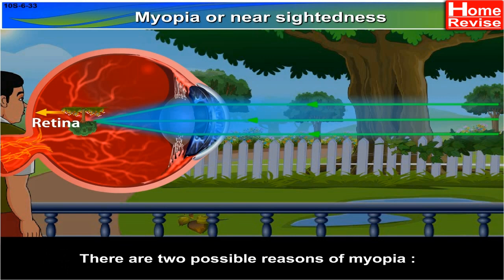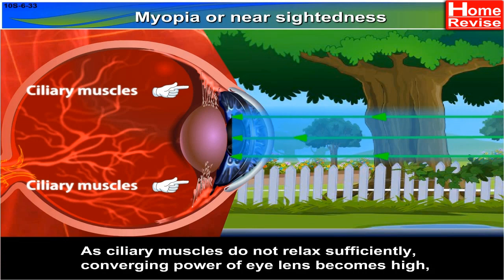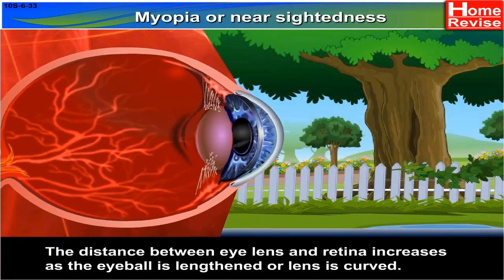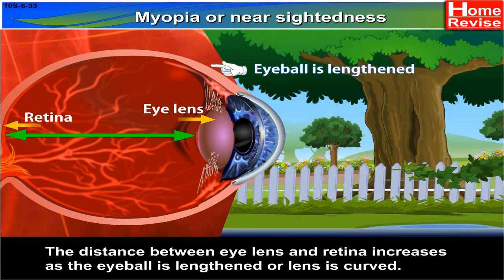There are two possible reasons of myopia. A. As ciliary muscles do not relax sufficiently, converging power of eye lens becomes high. B. The distance between eye lens and retina increases as the eyeball is lengthened or lens is curved.